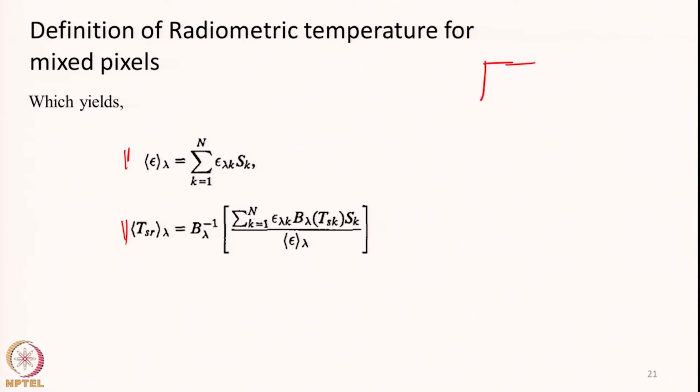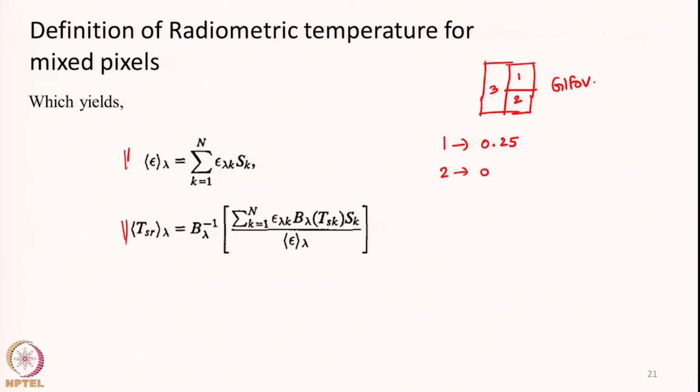Now, again I just go back to the GFOV example. Let us say we have 3 different homogeneous objects, object 1, object 2, object 3. Let us assume within this particular GFOV, or within the total solid angle subtended by the sensor, object 1 occupies a fraction of, let us say, 0.25.